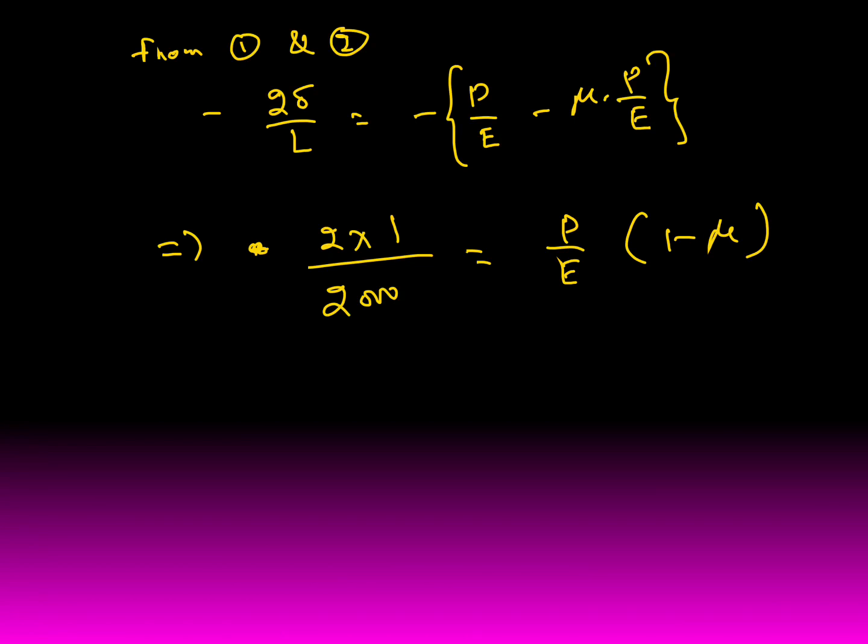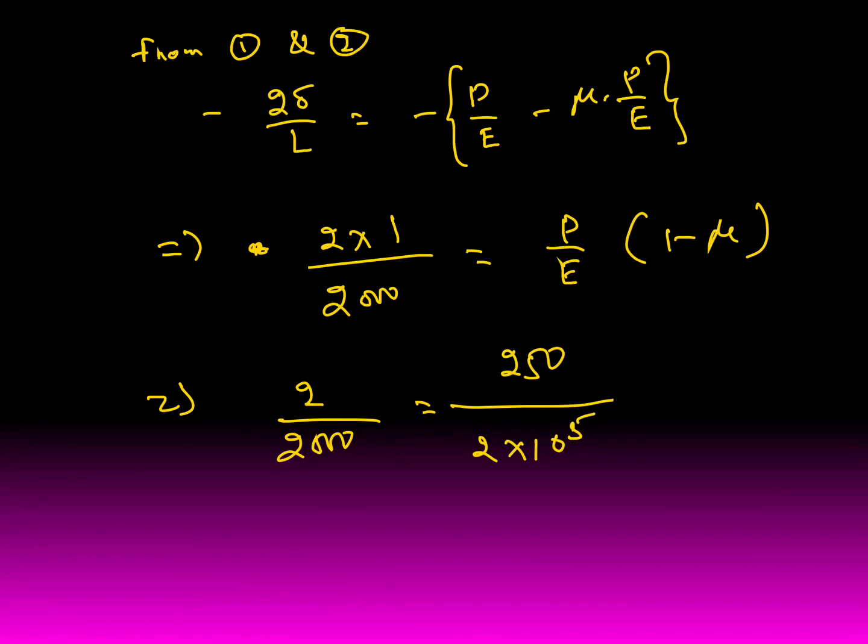Then P is 250 divided by E is 2 into 10 to the power 5, then 1 minus mu. Mu value we have to calculate. So 10 to the power 5, 10 to the power 3, here you will get 100. 2 cancel, 0 cancel.